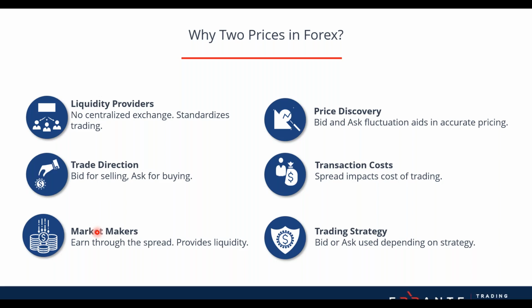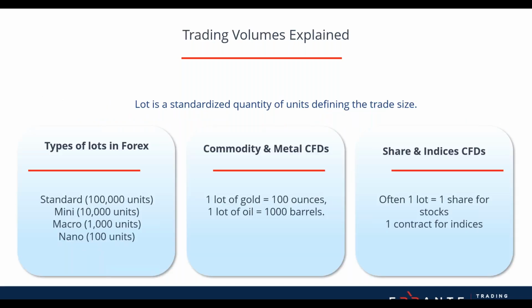Also, liquidity providers and market makers play crucial roles here, and the fluctuation between the bid and ask aids in accurate price discovery. So understanding this dual pricing system is key to grasping the mechanics of forex trading and incorporating trading costs into your strategy.